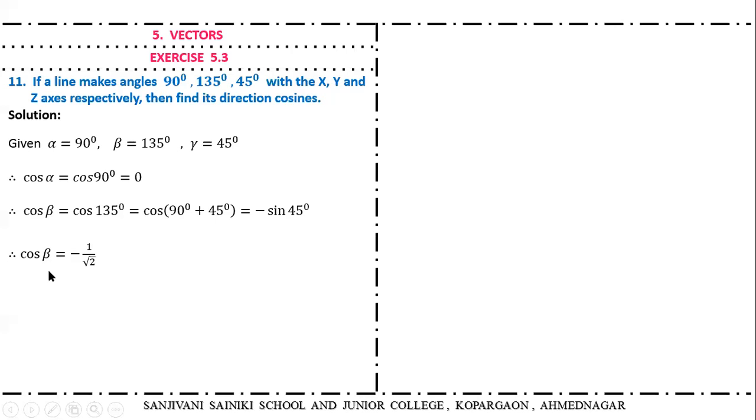So we get cos beta is minus 1 upon root 2. Now the third one, cos gamma is cos 45 degrees, which is equal to 1 upon root 2. Hence, the direction cosines of the line are 0, minus 1 upon root 2 and plus 1 upon root 2.